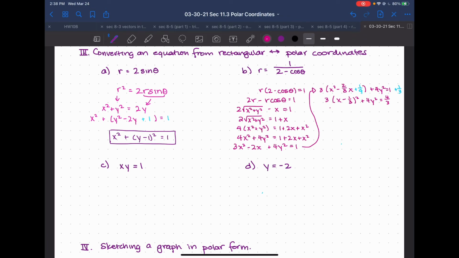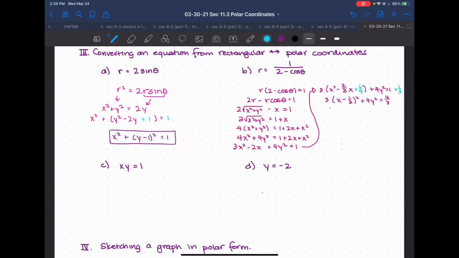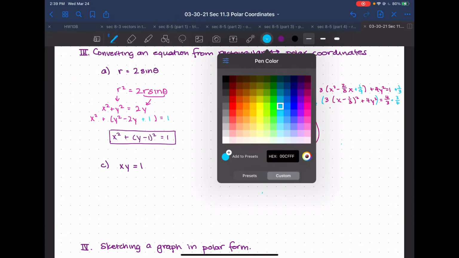And then if I multiply both sides by 3/4, again, I'm trying to remember to turn this into a 1 when you're going to write an ellipse in standard form. You want the right-hand side to be a 1.